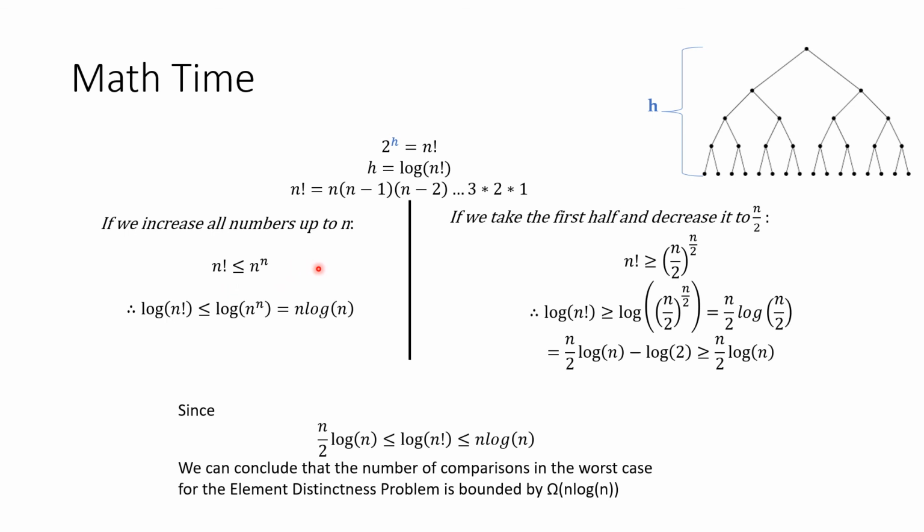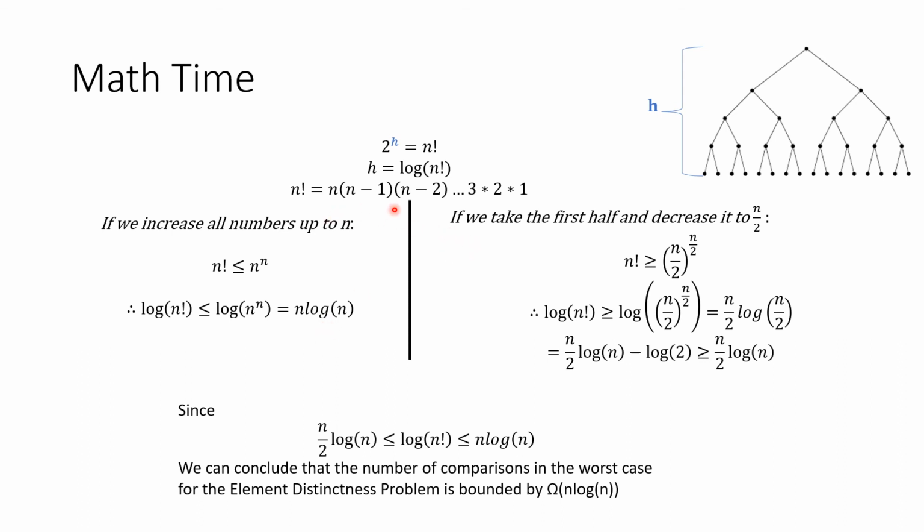So if we take the log of that, we'll say that log of n factorial is less than log of n to the n, which is n log n. But this is not enough to prove omega of n log n, so we can go another route as well.